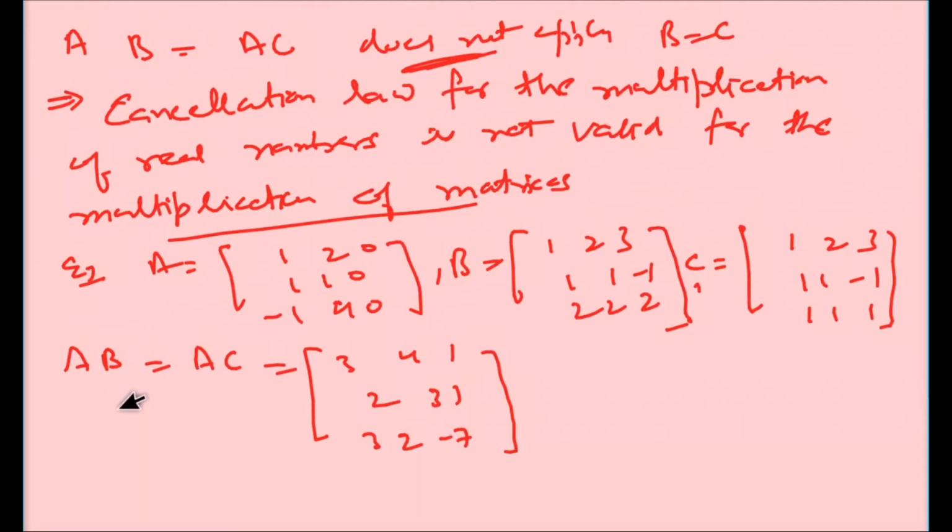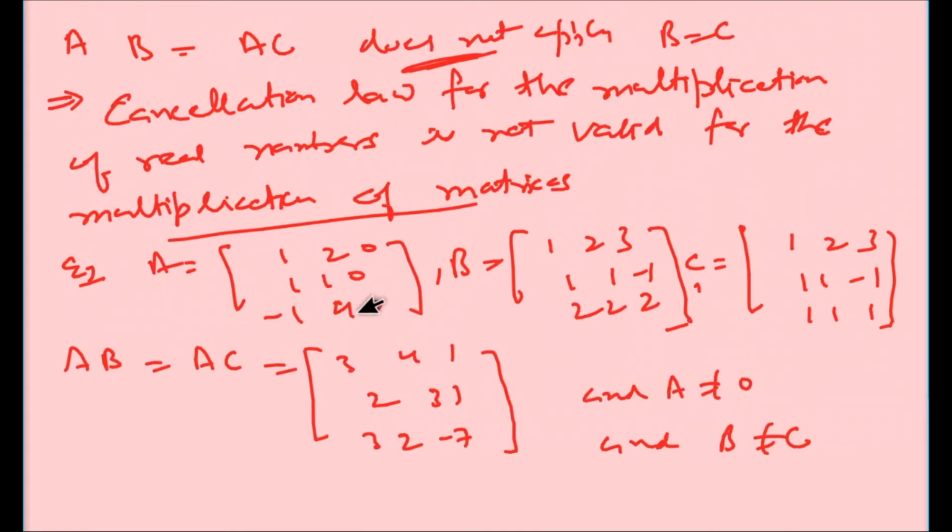Okay, now we can see AB equals AC, but B does not equal C, and A is not the zero matrix, and B does not equal C.